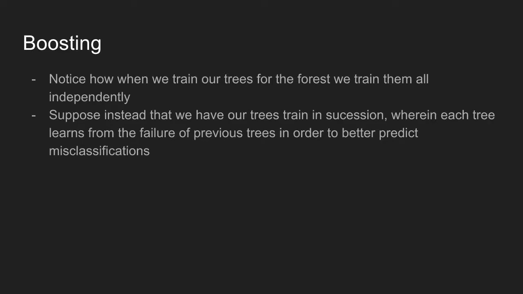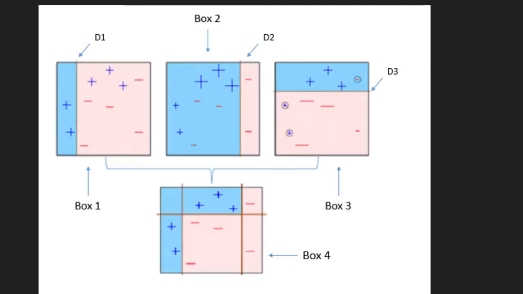But suppose instead that we train our trees in succession, so each tree learns from the failure of previous trees. So, that's if you get advice from someone, then you learn from their mistakes, and then if you give advice to someone, they learn from yours. So this is what's known as boosting, wherein each tree relies upon the success of the previous tree.